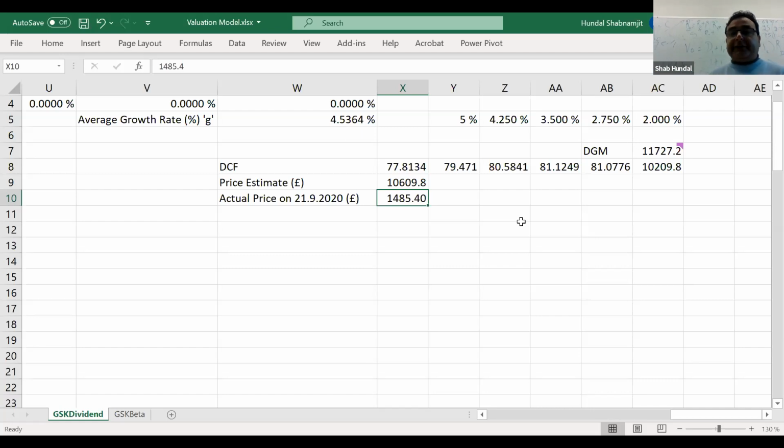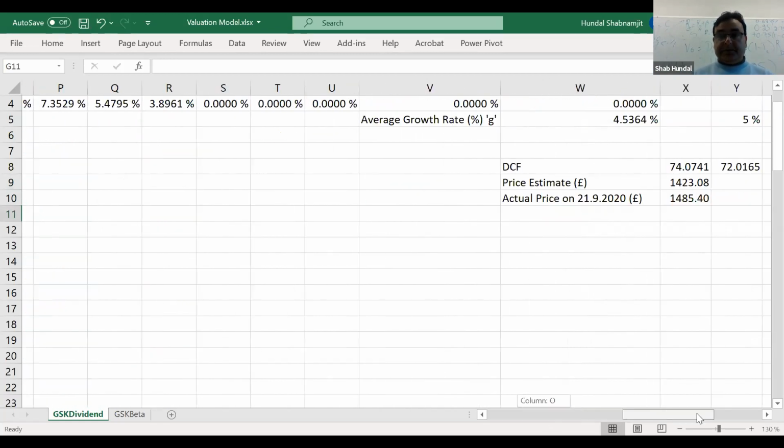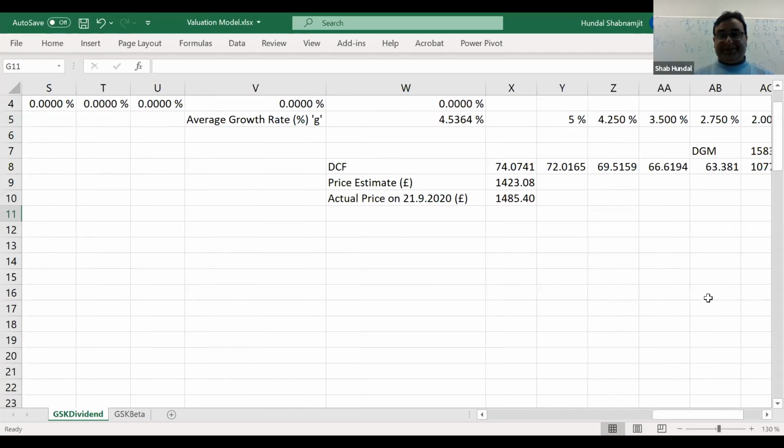Yeah, of course, if I change the rate of discount, for example, if I choose a rate of discount of, let's say, 8%, then my estimate is low.